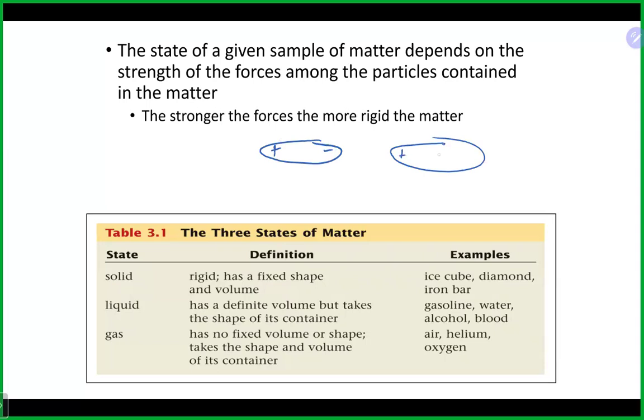And as we'll talk about in a later chapter, these forces are what are known as intermolecular forces. So intermolecular forces are really the forces that hold two molecules together, like two water molecules together, a bunch of water molecules together, a bunch of methane molecules together.